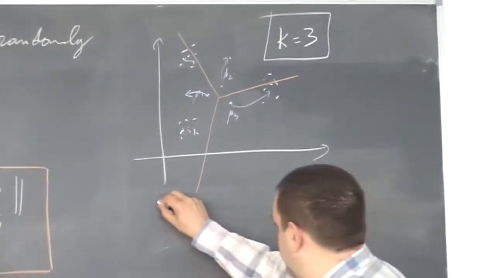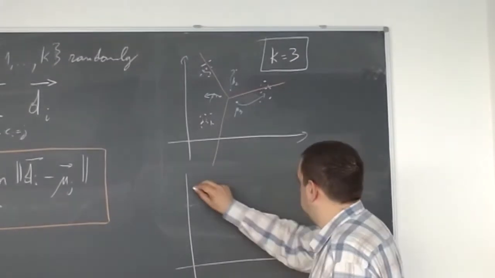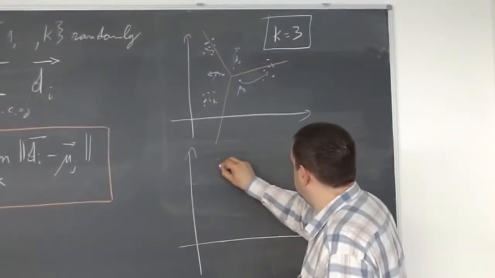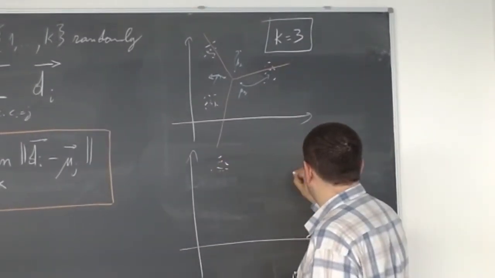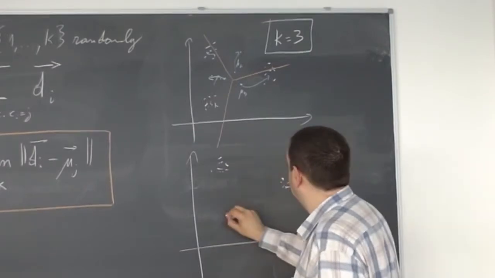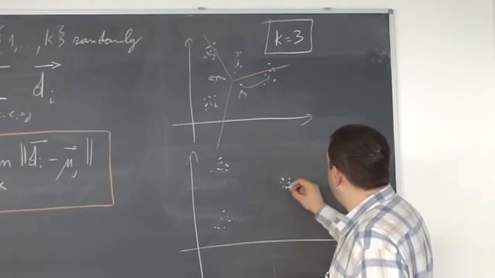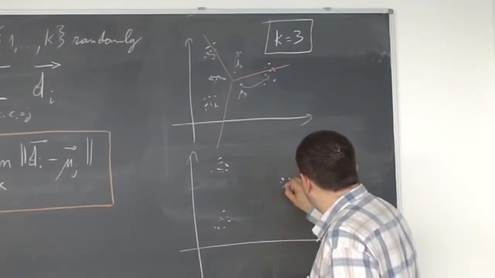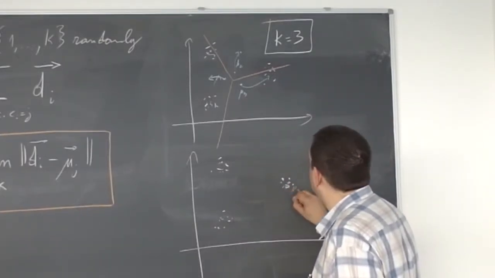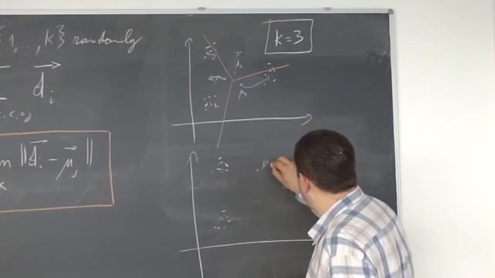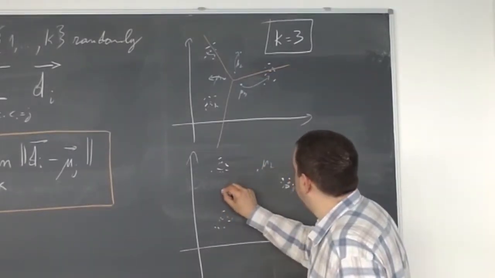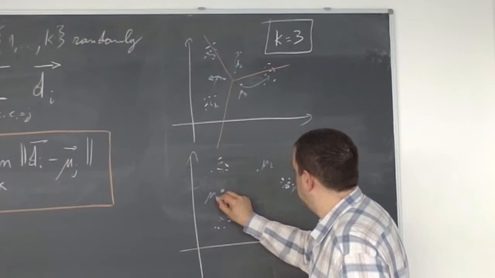So let me redraw the diagram. So we have the 3 sets, and at the second step we have mu3 here in the middle, mu2 here, and mu1 here.